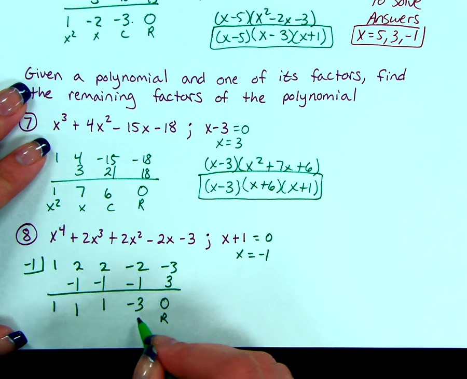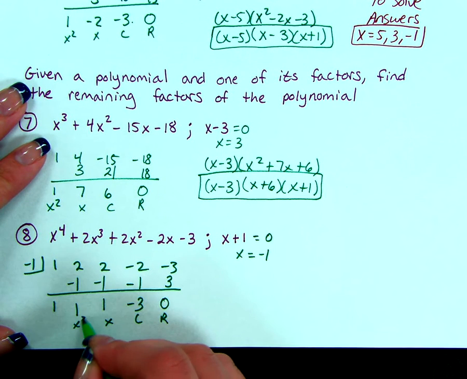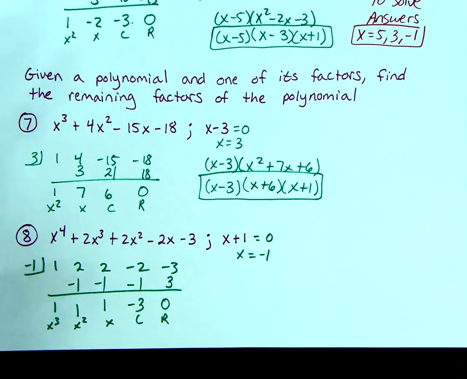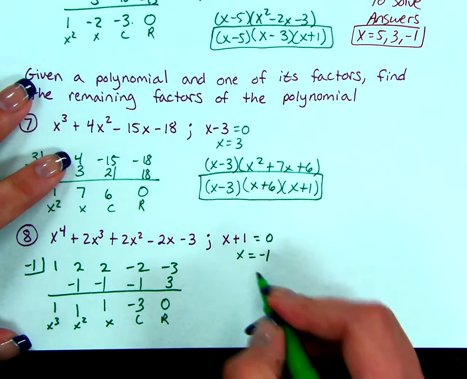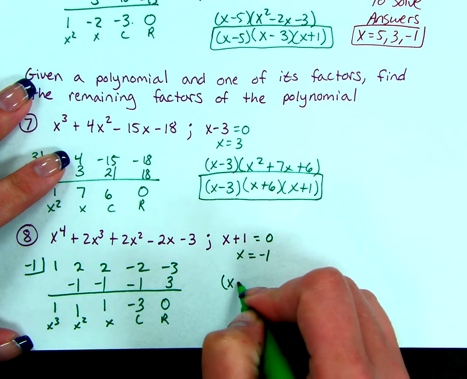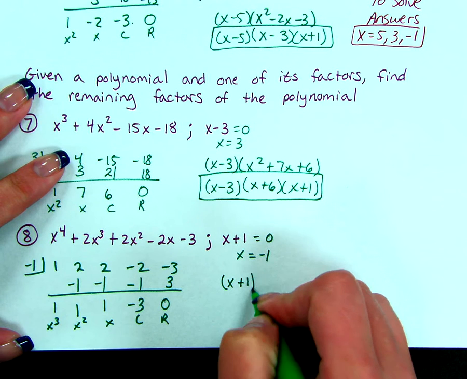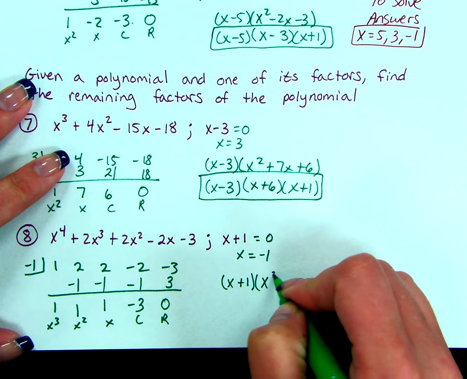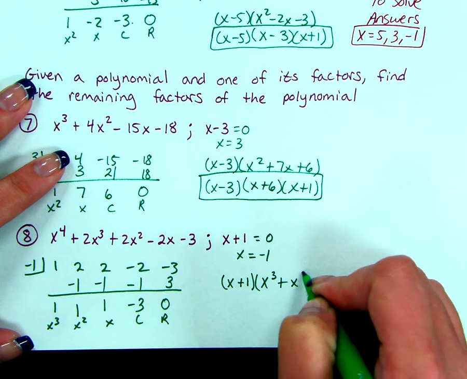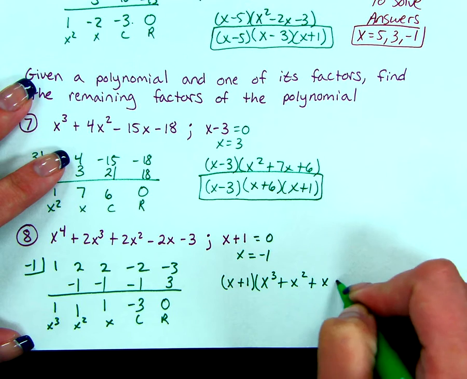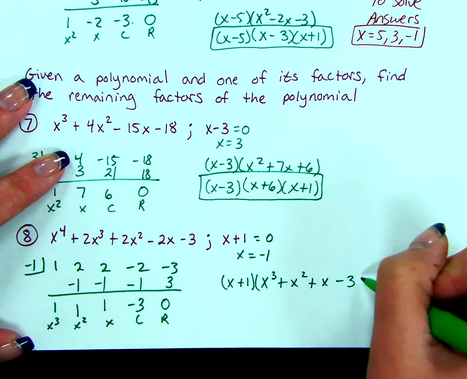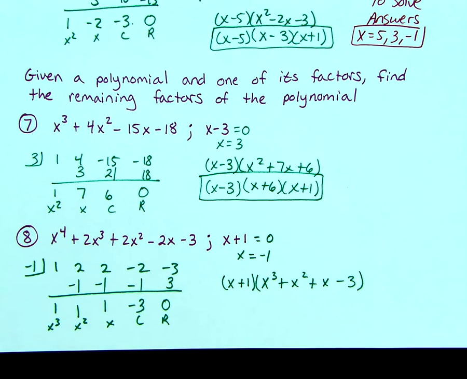So again, remainder, constant, x squared, x cubed term. So we have x plus 1 as our first factor, and then x cubed plus x squared plus x minus 3 as the second factor.